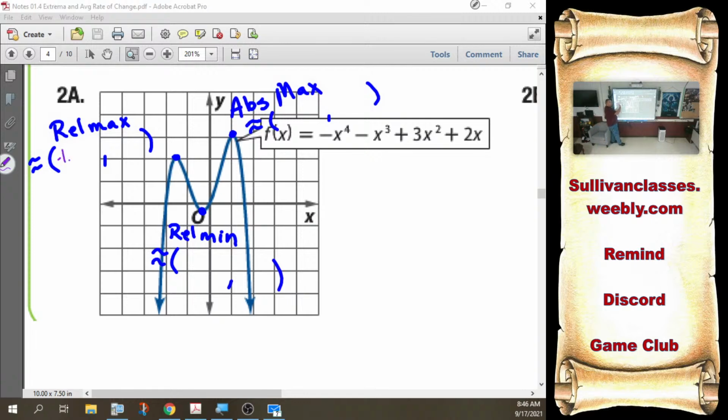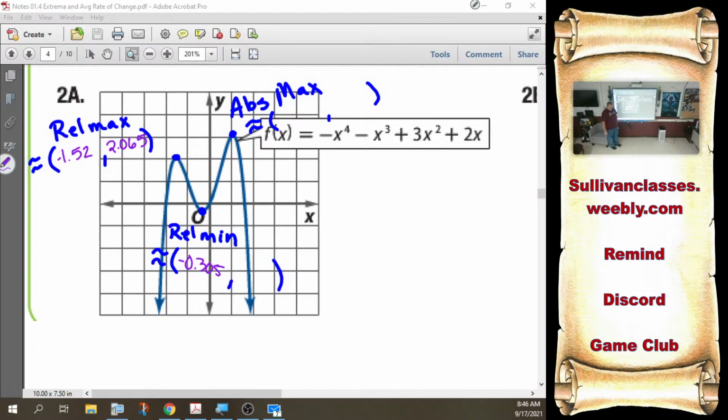Negative 1 point who? 5.2, okay. Next one. 2.06. Okay, relative minimum, we're at negative 0.305.